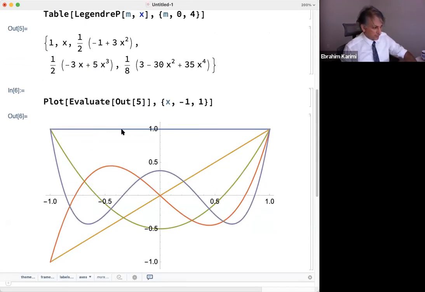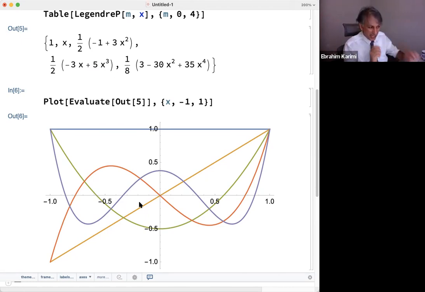Those are the Legendre polynomials that we have. The first one is 1, the second one, which is linear, is x, then x to the power of 2, x to the power of 3 and x to the power of 4. That is very clear.